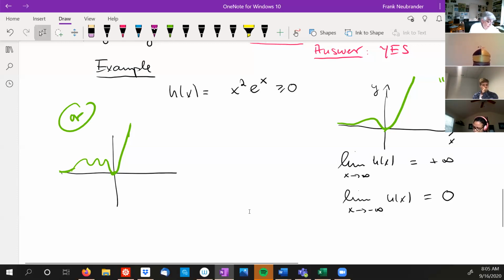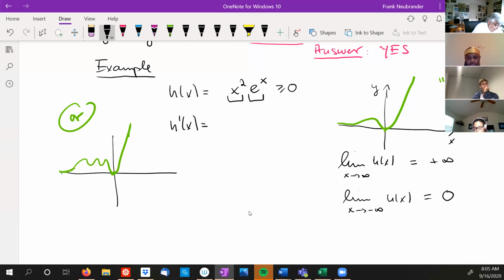Now, if you take the derivative of this function, then you have a product where this is the first function and this is the second function. The derivative is the derivative of the first function times the second function plus the first function times the derivative of e to the x.